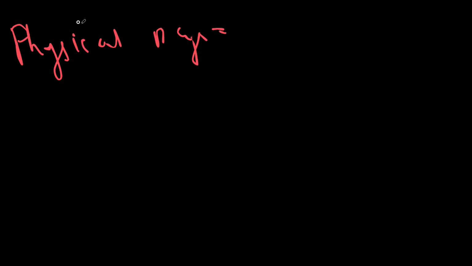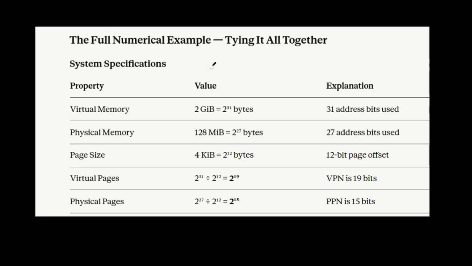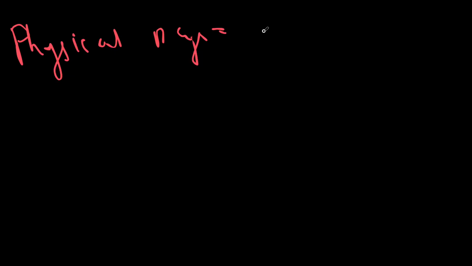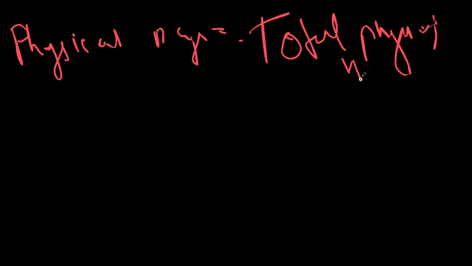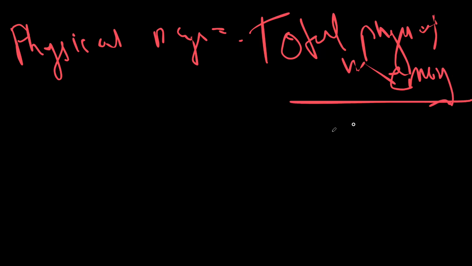The number of physical pages is the total physical memory available, divided by the page size.